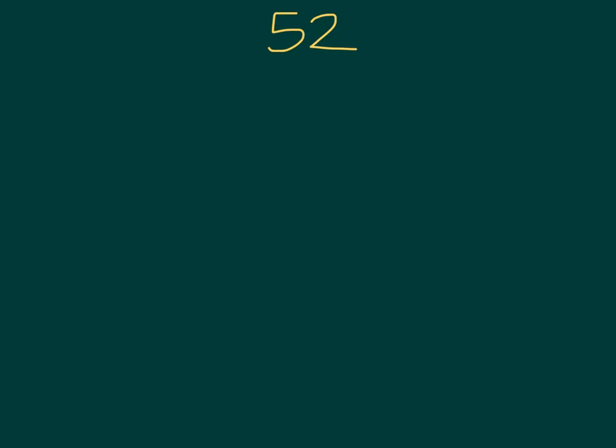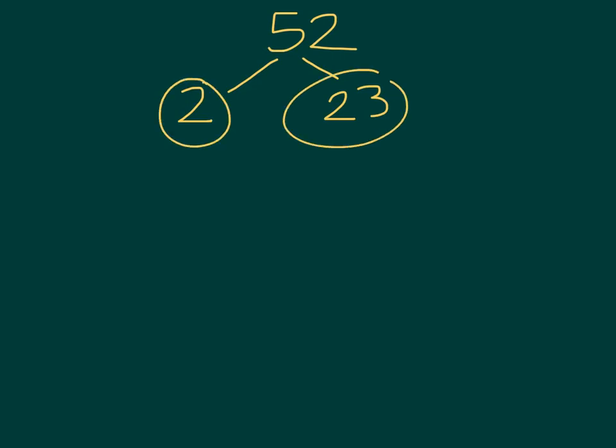Remember, prime factorization is the same thing as the factor fireworks and all of that, where you're going to say, okay, let's see. To get to 52, I know 2 will go into it. 2 times 26. 26 is not prime, so 2 times 13. 13 is a prime number and 2 is a prime number. So our prime factorization is 2 times 2 times 13.